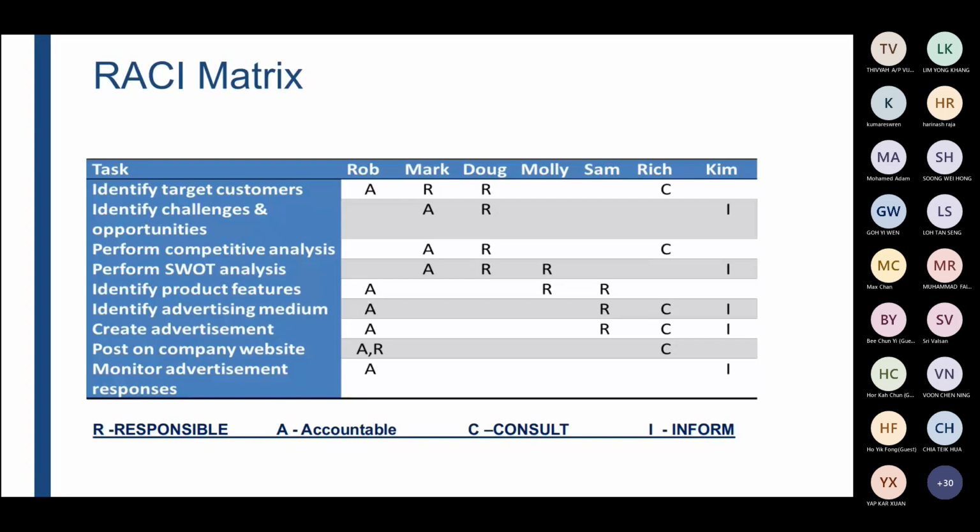As a project manager or as a project team, we have too many things to carry out on our hands. So charts like this will be really helpful. We can include this chart into our task list, into a Gantt chart, and then we can consider this done. Meaning when it is done, you have informed all the people who are responsible, accountable, who need to be consulted, and who need to be informed of all these tasks.